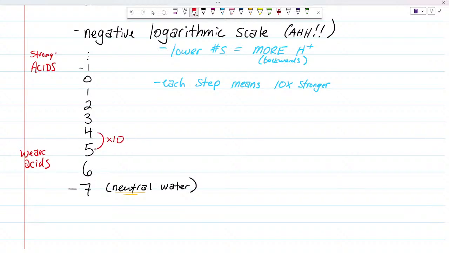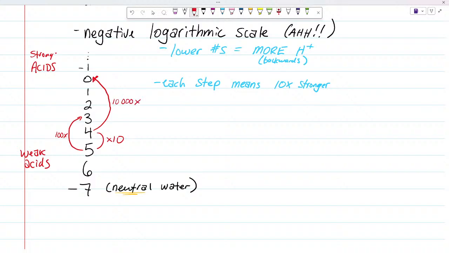So 4 is 10 times stronger than 5. How much stronger would 3 be? 10 times 10 is 100 times. Does that make sense? What if we went from 4 all the way up to 0? How many times stronger is that? 10, 100, 1,000, 10,000. Does that make sense?